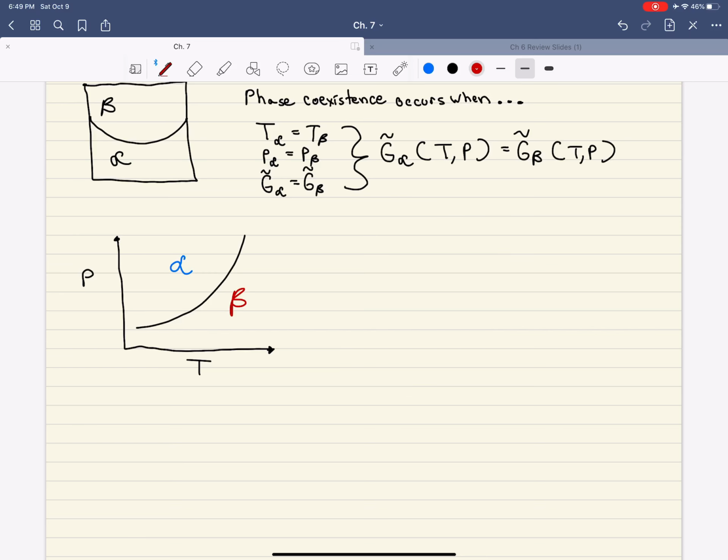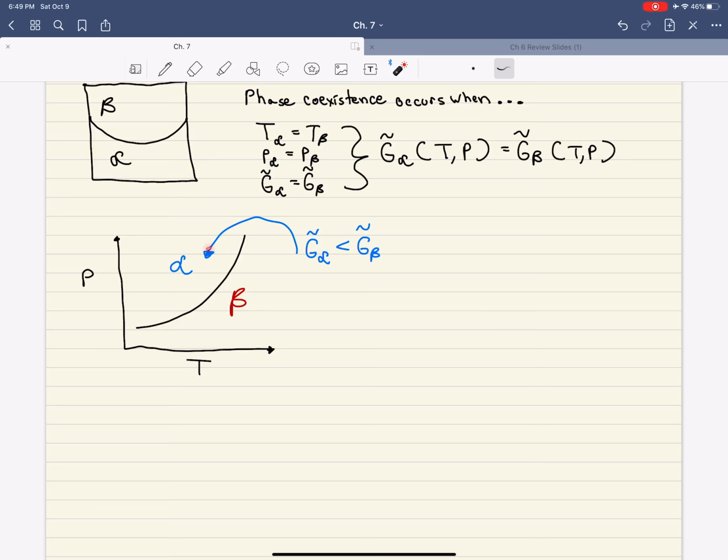In order for the chemical to exist in the alpha phase, and only in the alpha phase, the molar Gibbs energy of the alpha phase has to be less than the molar Gibbs energy of the beta phase. The Gibbs energy is more minimized if it only exists as alpha rather than in the beta phase.